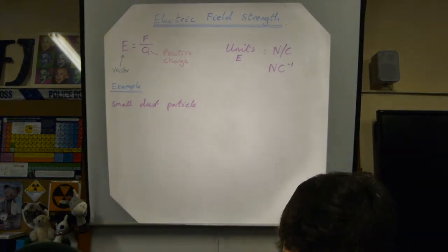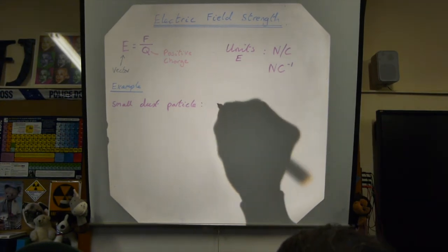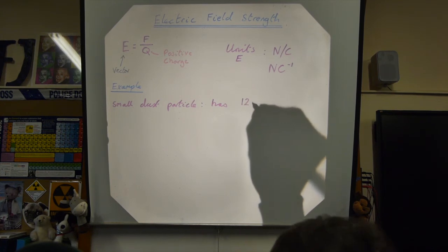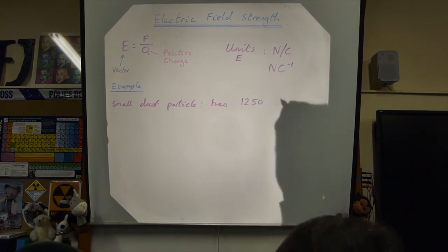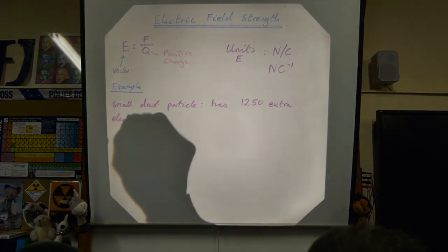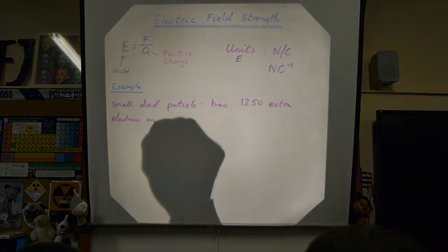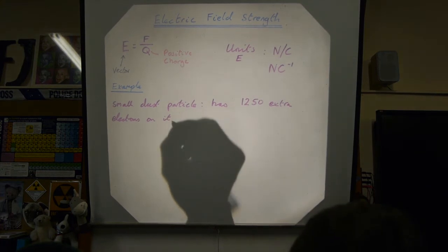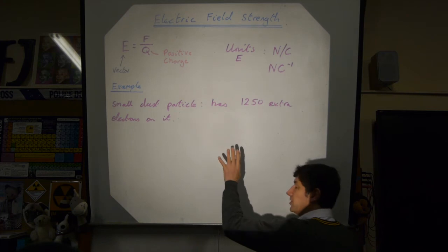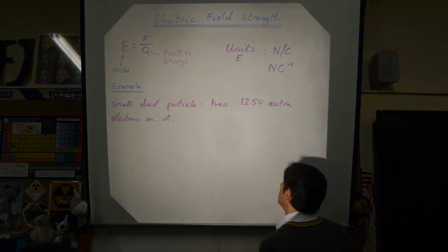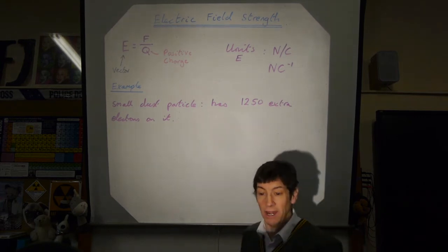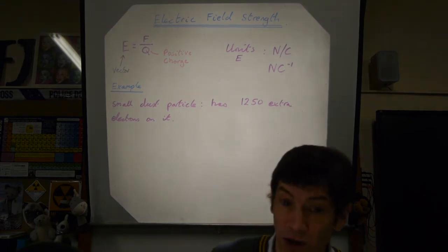This dust particle has charge on it, and it has 1,250 extra electrons on it. So it was neutral, and the number of protons and electrons were equal, but for some reason it's picked up some extra electrons, so it's now negatively charged.